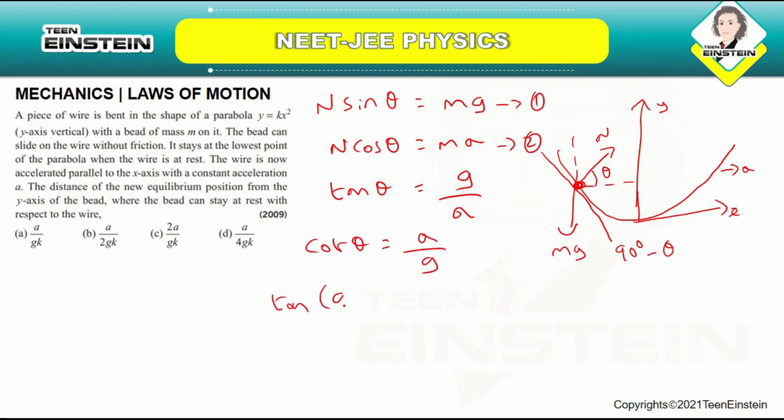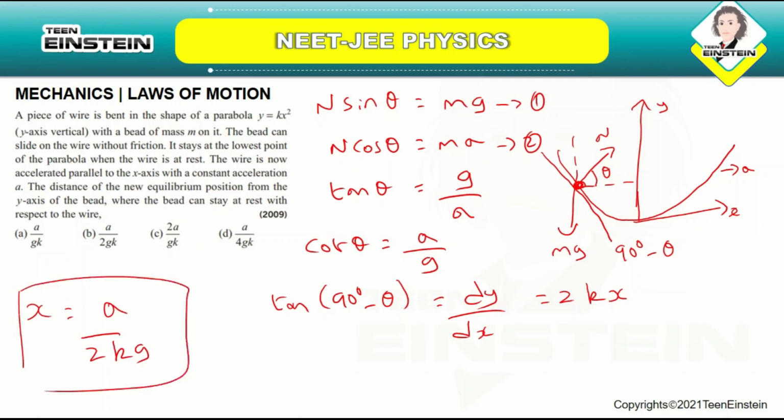Tan of 90 degree minus theta, which is equal to dy by dx, which is equal to 2kx. So on solving this, you will be getting x is equal to a by 2kg. So the correct answer is option number B, a by 2kg.